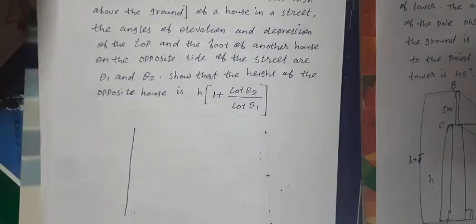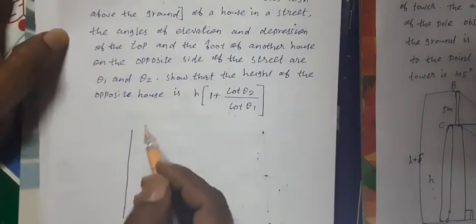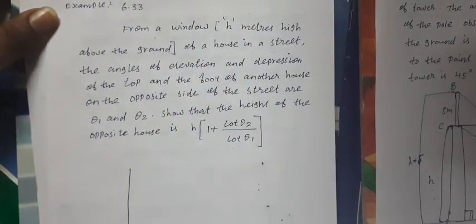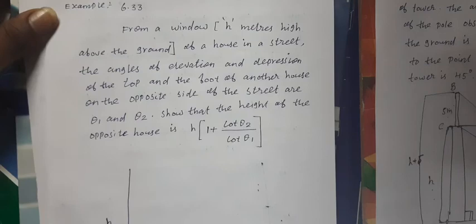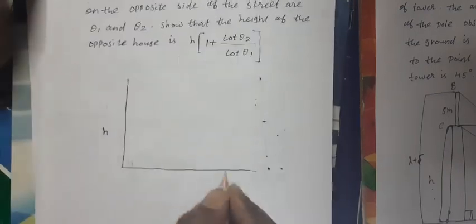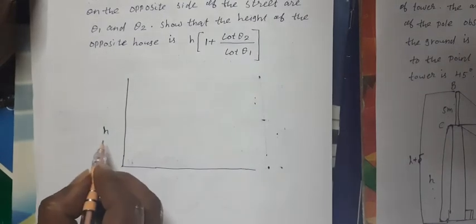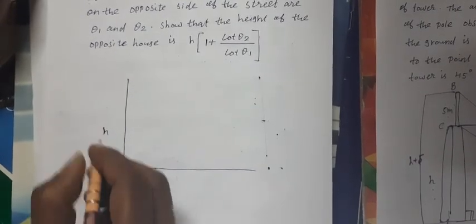This is H meters above the ground. So this is the ground. The height of the window is H meters, they have given, right?